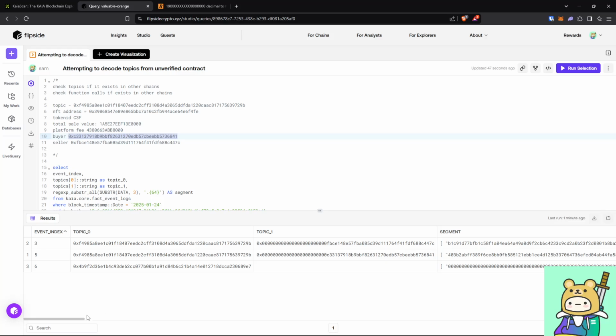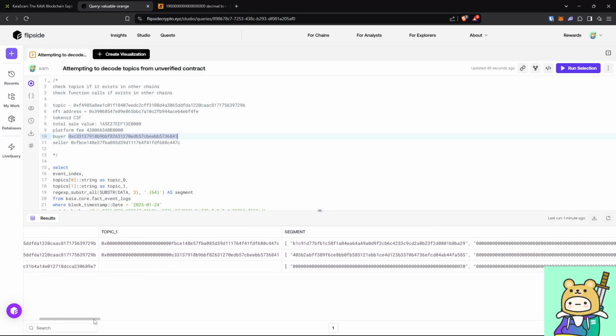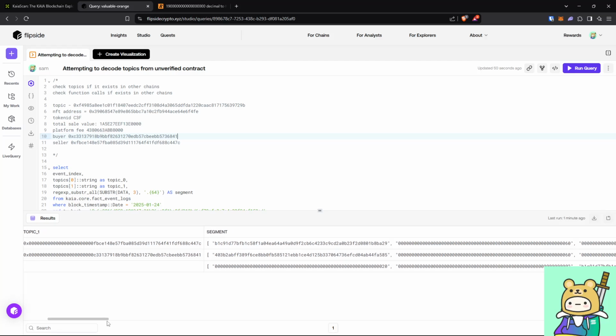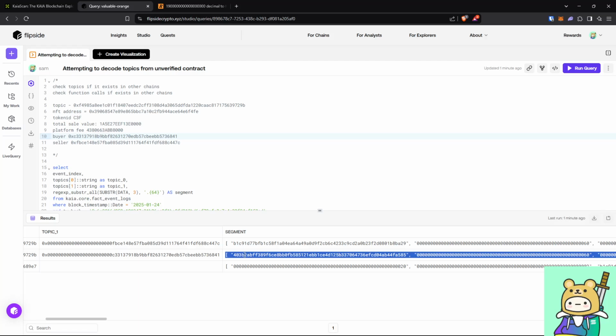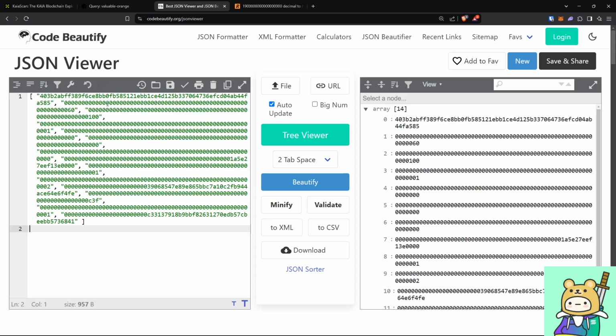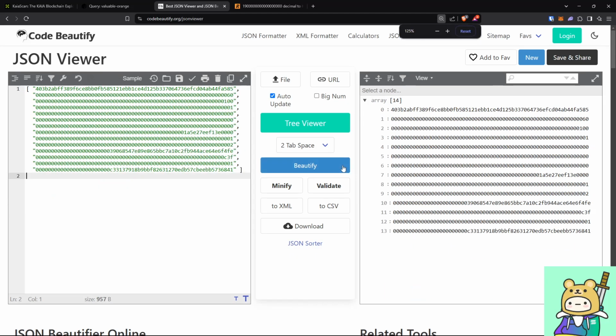Right off the bat we see that the first event is the seller, right? See how this matches the seller. The second event is the buyer, and the second event is also shorter. Always good. So I'll copy this into a JSON viewer.